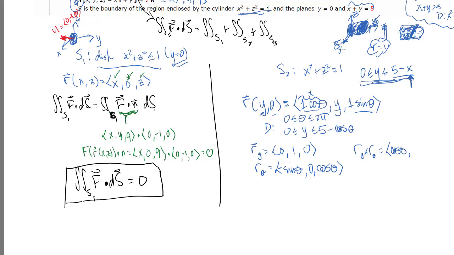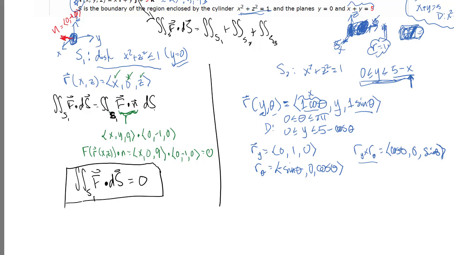The middle term, it looks like it's going to be 0. And then the last term is going to be 0 minus negative sine theta. So that's positive sine theta. So this is my cross product.